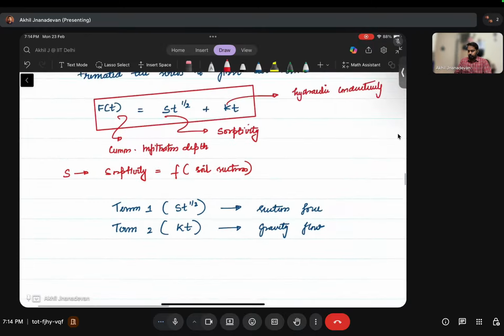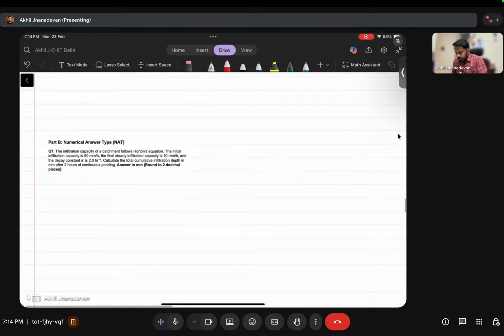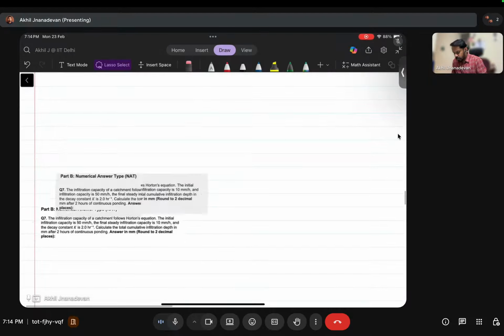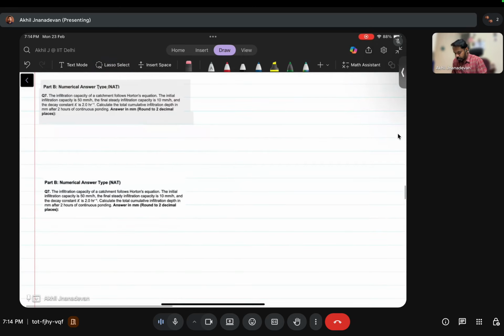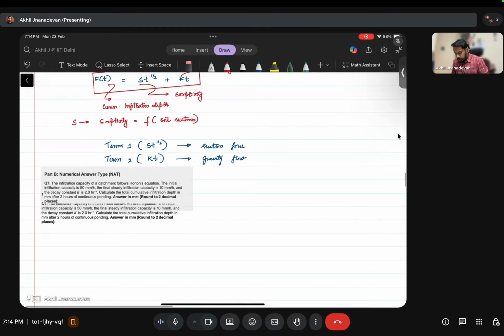Okay, so that's all about the Philip equation. We have one more analytical method, the Green-Ampt equation, which we'll see through a problem in the numerical type. So we can start with the numerical type questions.